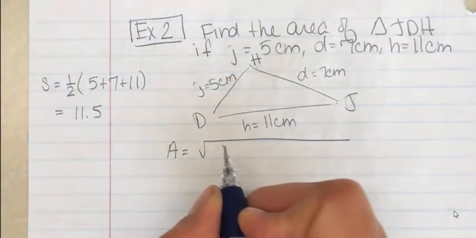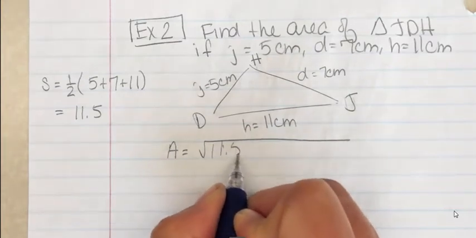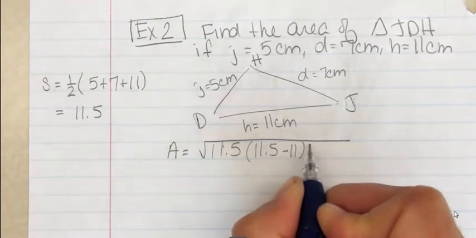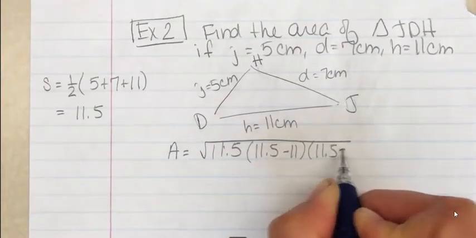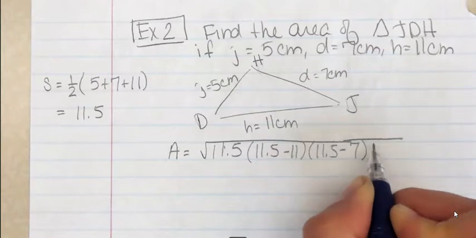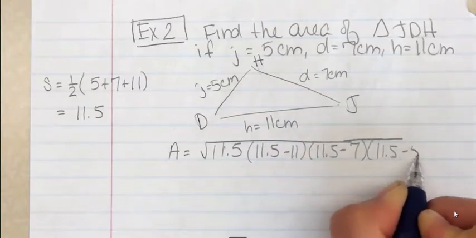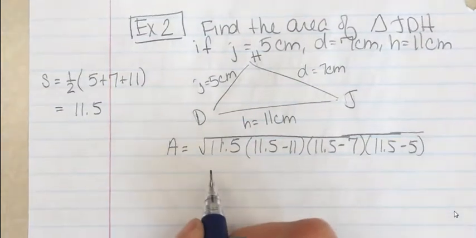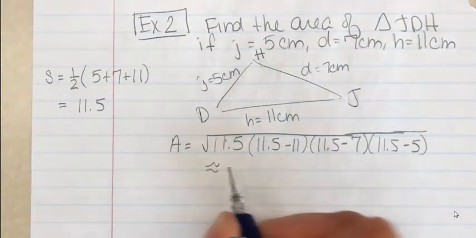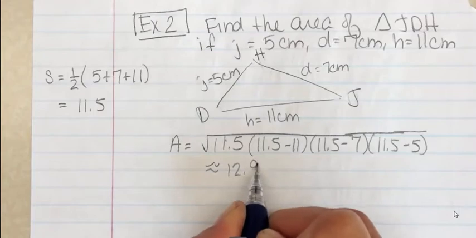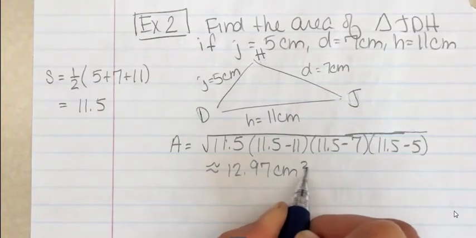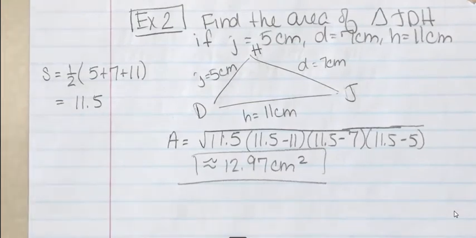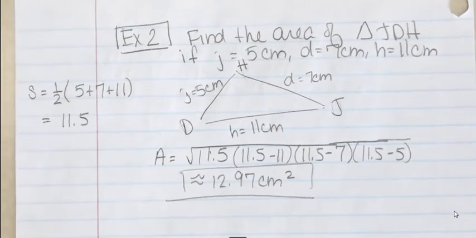So then for the area formula, I just plug in the semi-perimeter times the semi-perimeter minus each side. And when you do all that in your calculator, you should get 12.97 square centimeters. All right, pretty easy lesson.